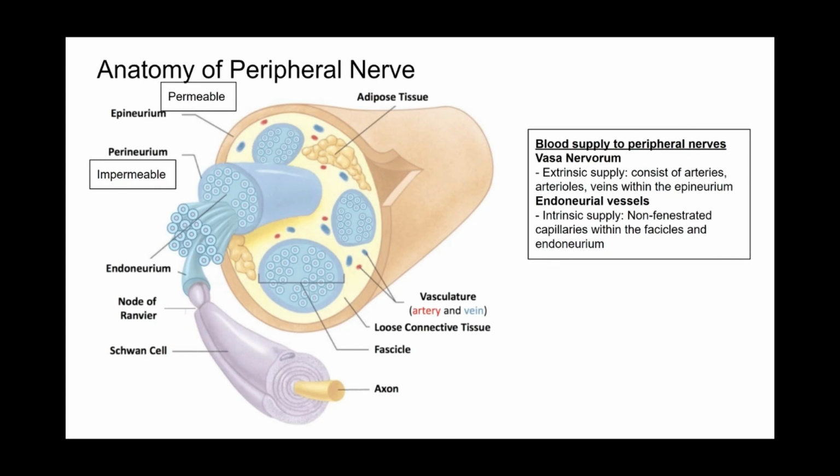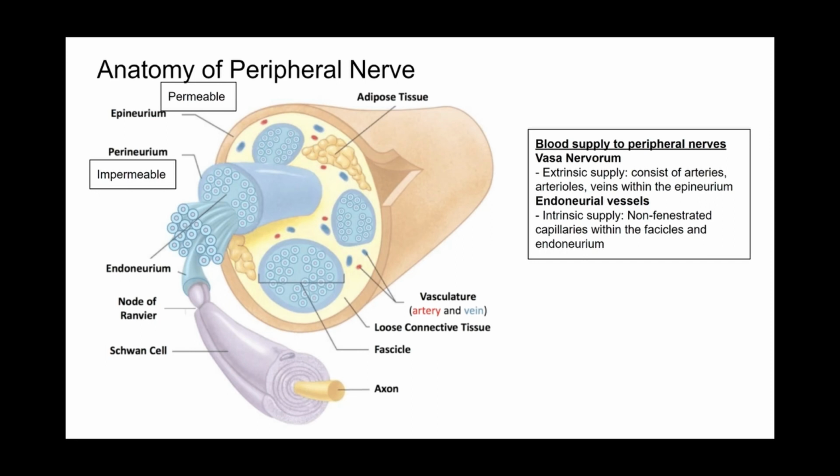Other structures that exist inside the epineurium, other than the fascicular bundles, are the blood supply of our peripheral nerve and also some loose connective tissue like adipose tissue. The blood supply to the peripheral nerves is called the vasa nervorum.